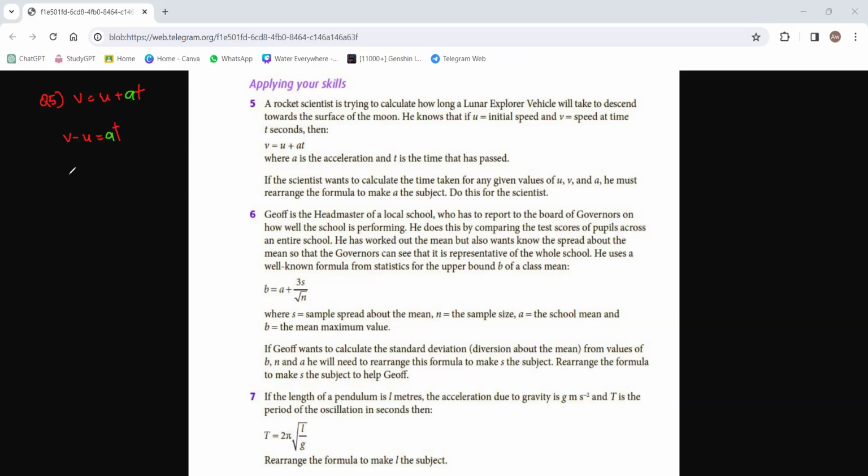So the final answer, we will get v minus u over t equals a. So a equals v minus u over t. And here is the answer for the first question.